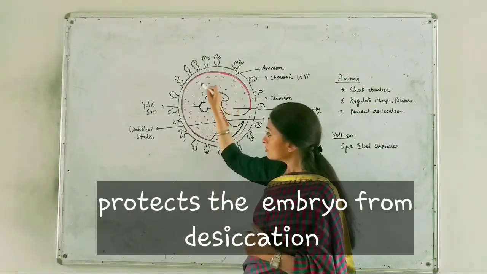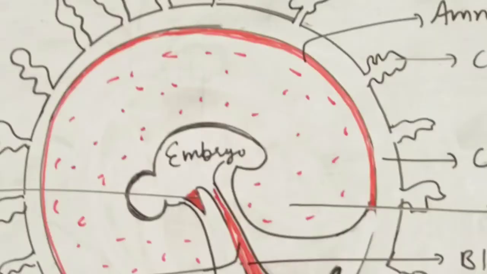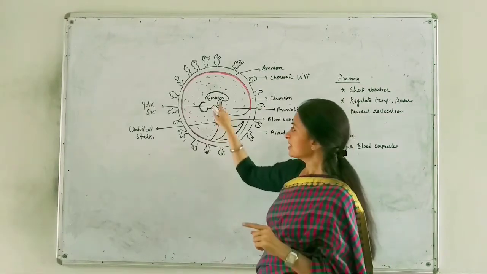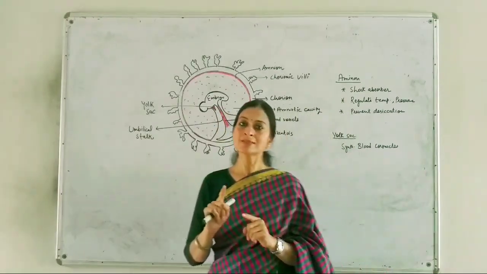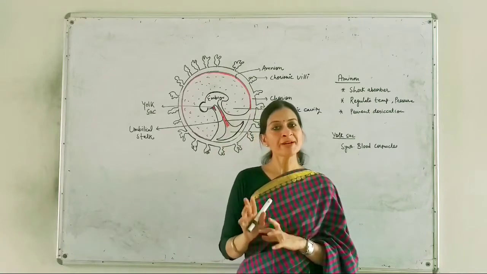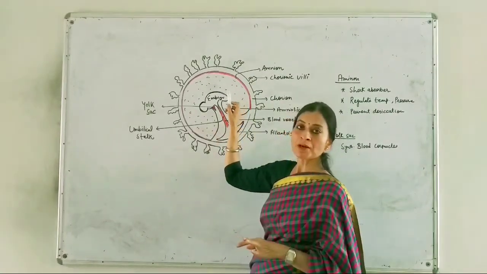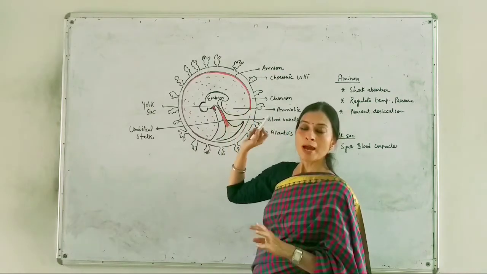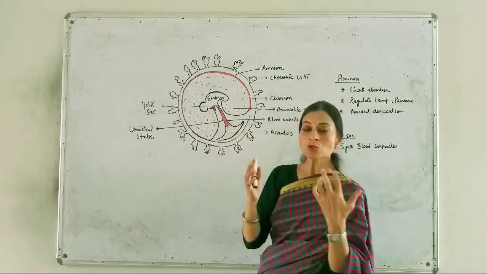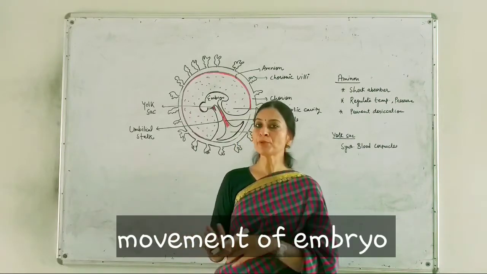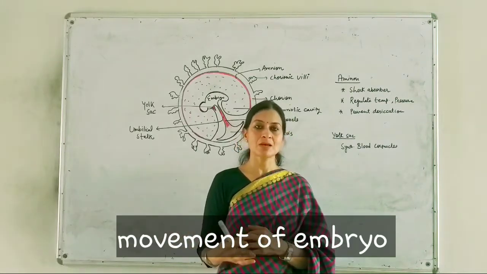Means if this liquid which is hydrating the conditions around this embryo is not present, then this embryo will dry up. So to prevent its desiccation, it is necessary that this fluid should be around this embryo, and this liquid also helps in movement of this developing embryo or the developing fetus.